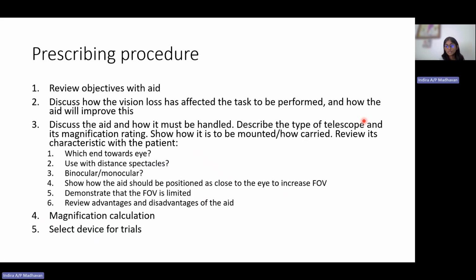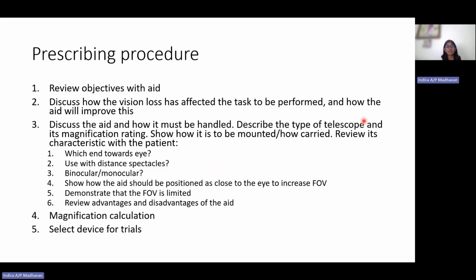Okay, now we move on to the important one, the prescribing procedure. How do we prescribe this telescope to a patient?